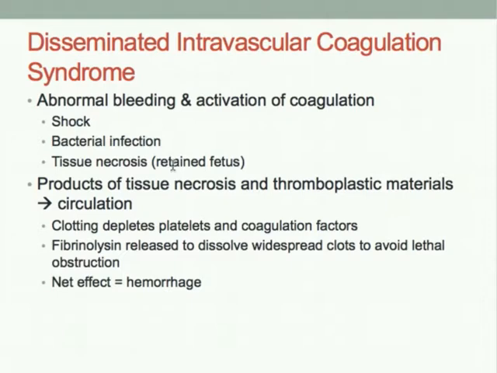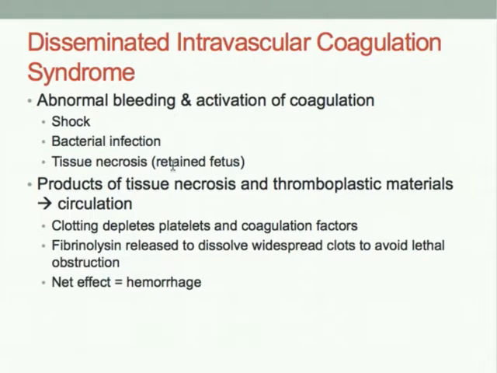And organs are really, really high in tissue factor. So in cases of shock, it's just blood not getting to an organ, or infection damage to an organ. When that tissue starts to die, it releases tissue factor. That means there's going to be widespread clotting in the body. So these products of tissue necrosis and thromboplastic materials, our tissue factors, are going to enter the general circulation.